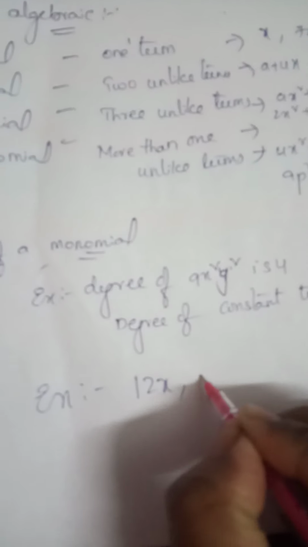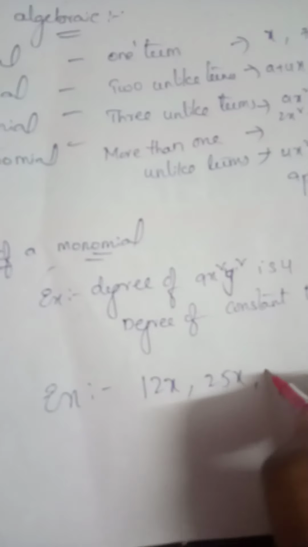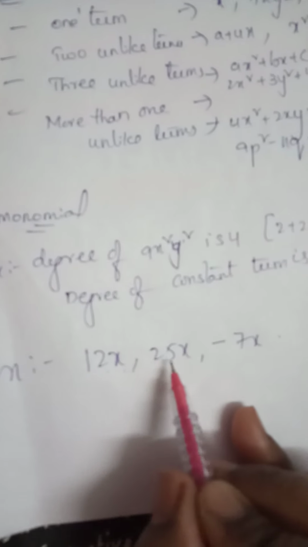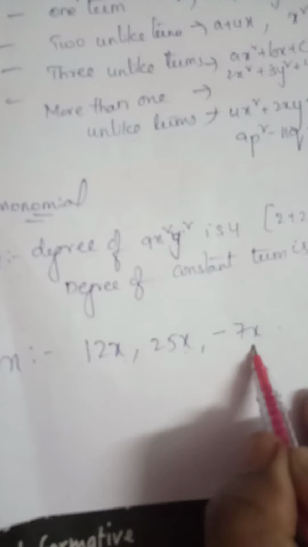Here, for example, we have 12x, 25x, minus 7x. Can you see 12x, 25x, minus 7x?